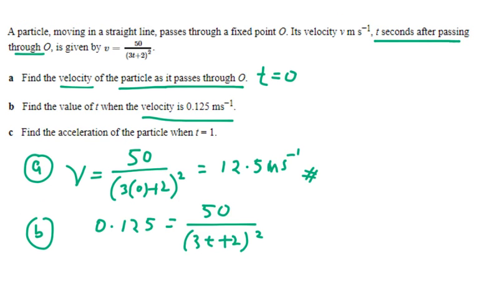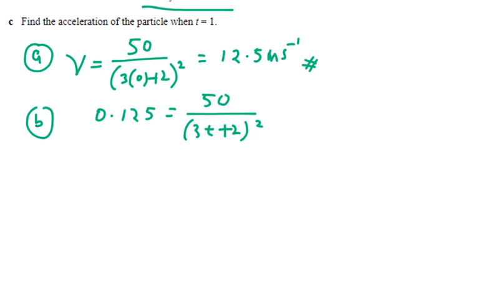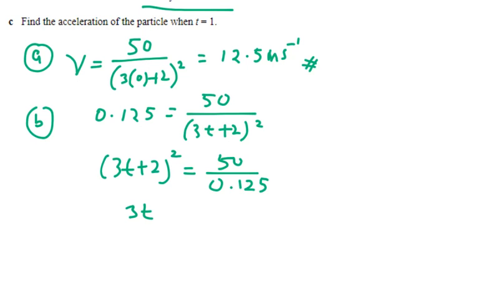Moving on, simplify this equation to find t. So we will have (3t + 2) to the power of 2 equal to 50 divided by 0.125. Continue. 3t will be equal to, bringing the square to the other side, the square root of this whole thing, and then minus 2.